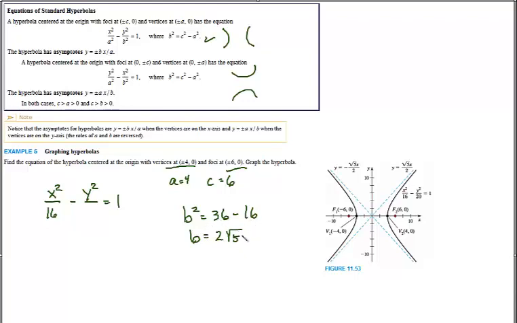Take the square root, pull out the 4, and if I square this, it would be 4 times 5, so this would be a 20 under here. And that's all for the hyperbolas.